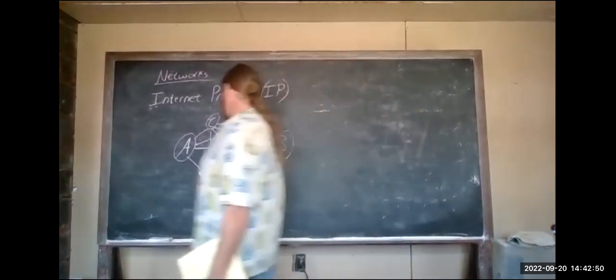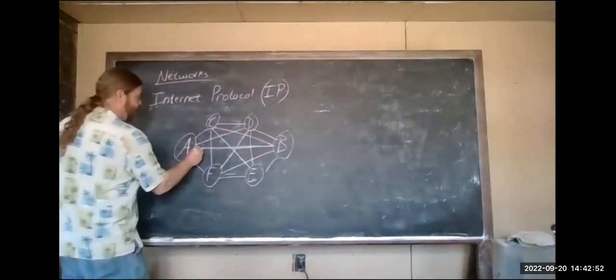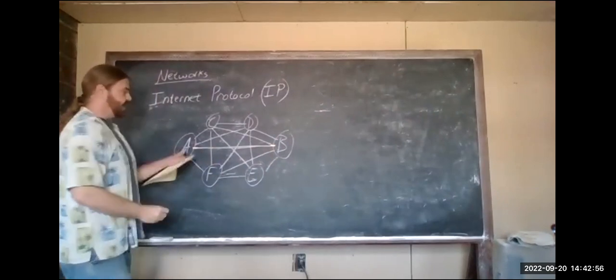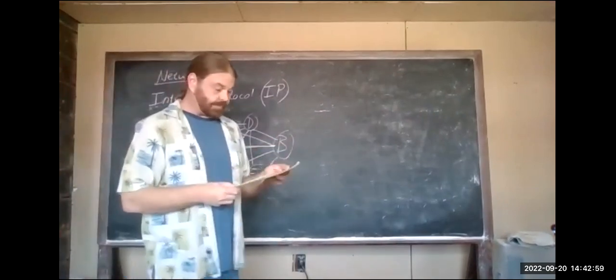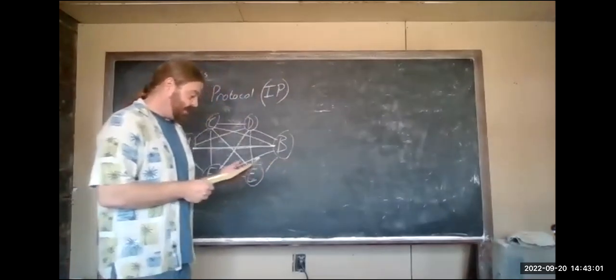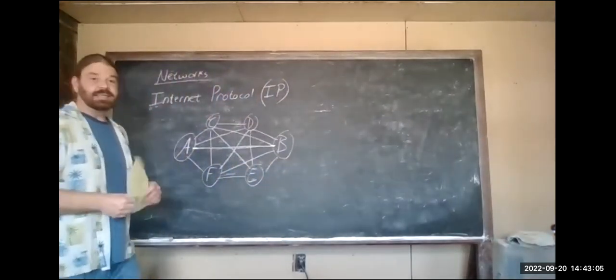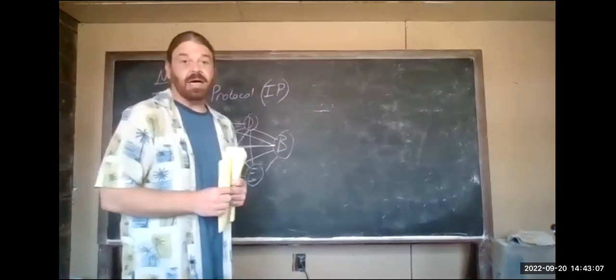So if we need to make a communication from site A to site B, this line is not our only option. So basically what we do is we check all possible routes and send data down the best option.